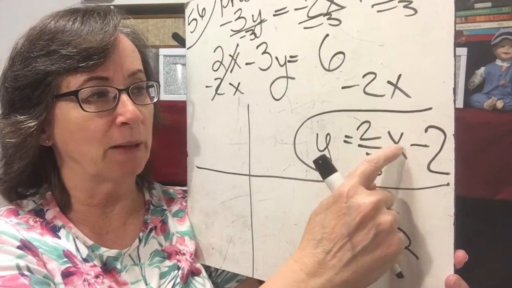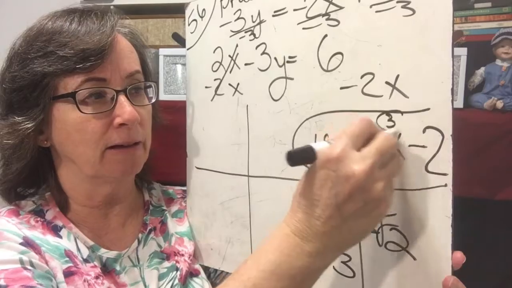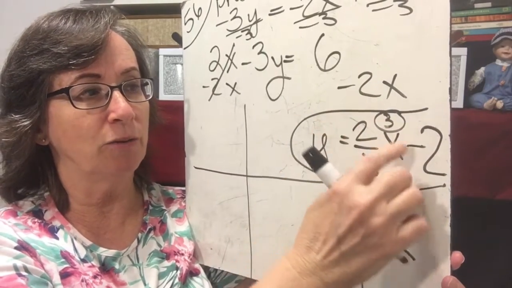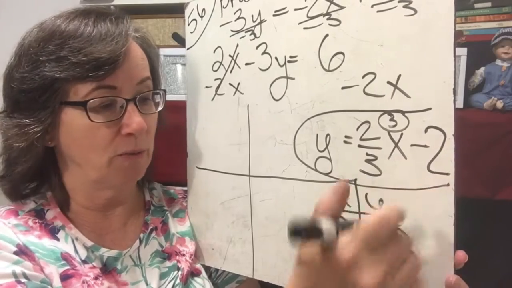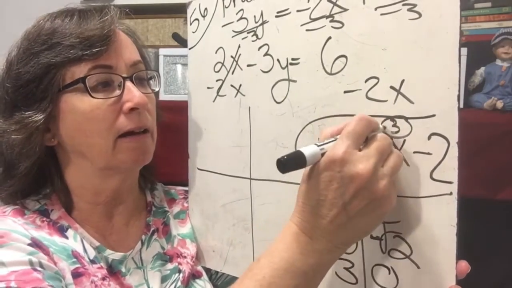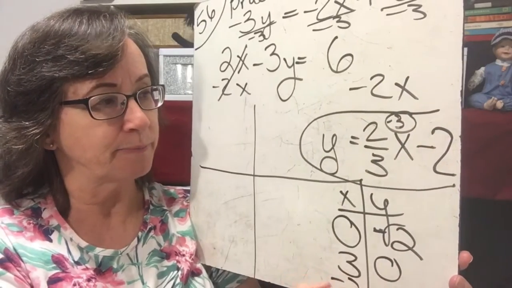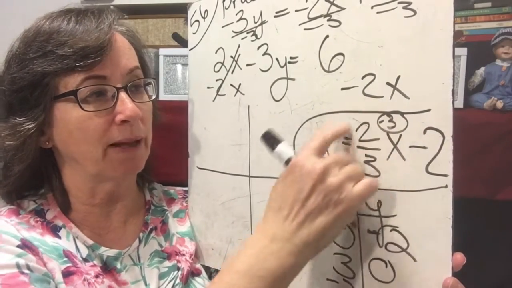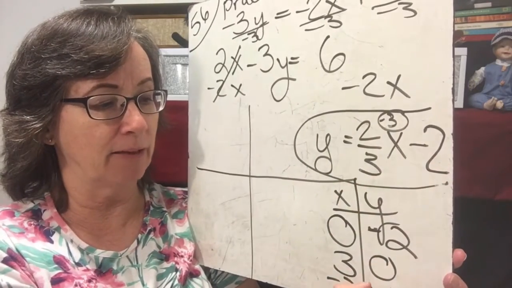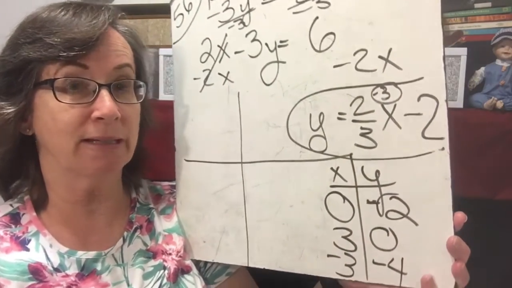If I multiply this, I put a 3 in here, then that 3 and that 3 will cancel, and I'll get 2 take away 2, which is 0. What about a negative 3? Negative 3 would make this a negative 2. Take away 2 more would be negative 4, and we have 3 points.